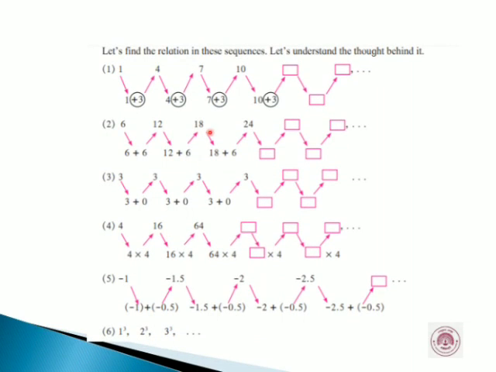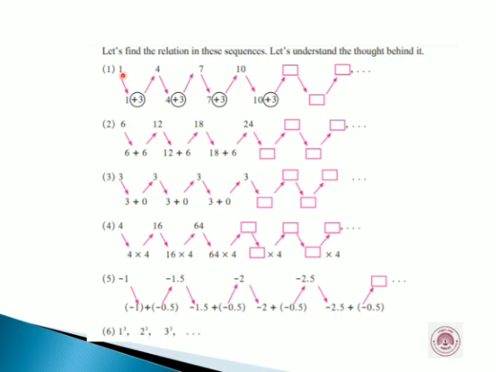Let us find the relation in these sequences. Let us understand the thought behind it. Here some sequences are given, so we have to study the relation in these sequences. First is 1, 4, 7, 10. So what will be the next term? The similarity is that the next term is obtained by adding a particular number to the previous number.